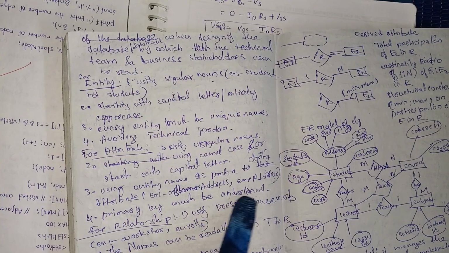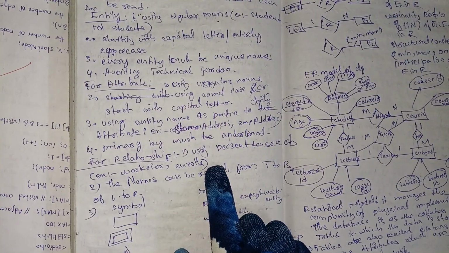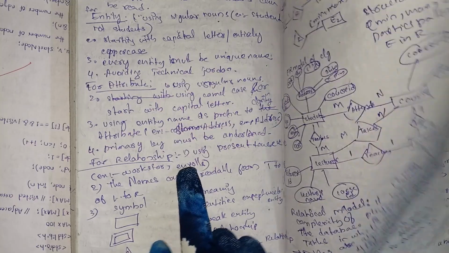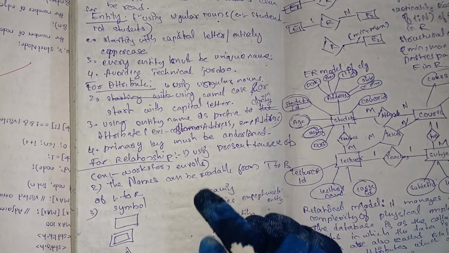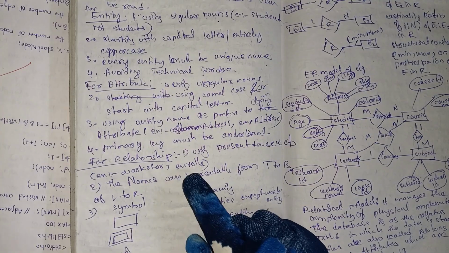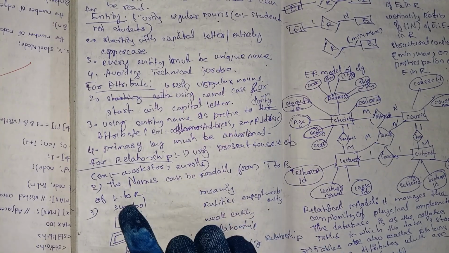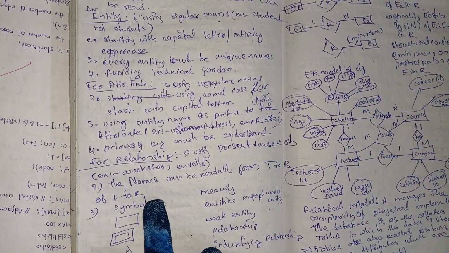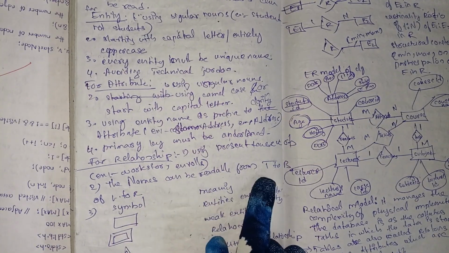The primary key must be underlined. For relationships, use present tense verbs, like works for or enrolls. It should not be like worked or enrolled. The names should be readable from top to bottom and left to right.